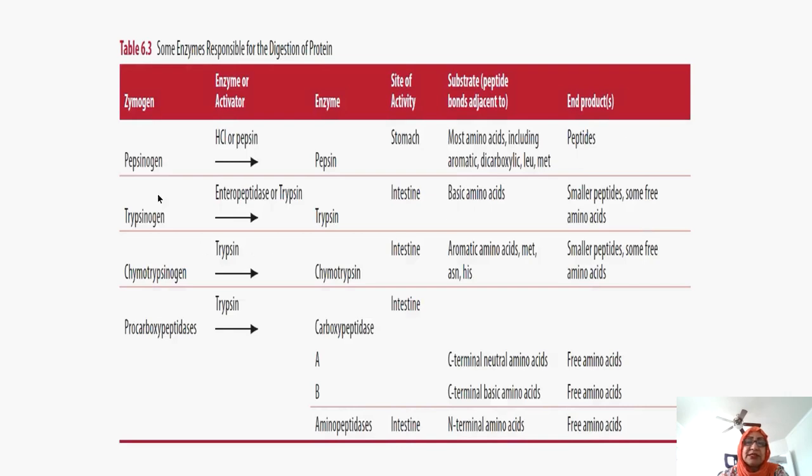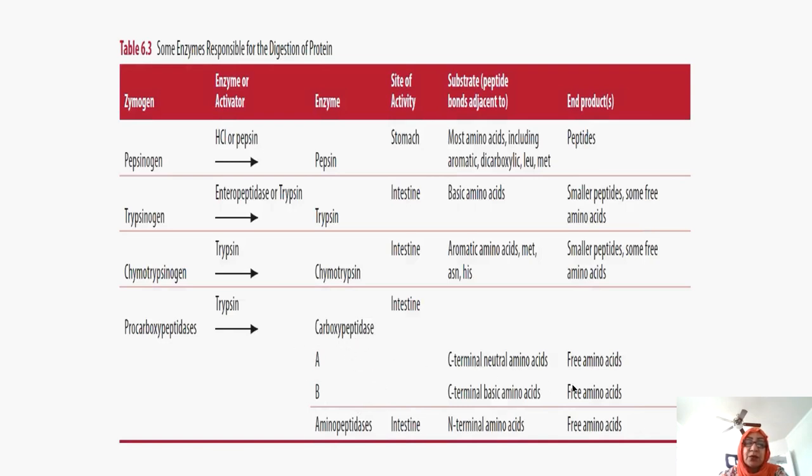Next, we're going to see trypsin, found as trypsinogen, act in the intestine, and all the rest will be in the small intestine, and it will act on basic amino acids. And again, we're going to get smaller peptides and some of the free amino acids. Now we're going to move to chymotrypsin and finally the carboxypeptidases.